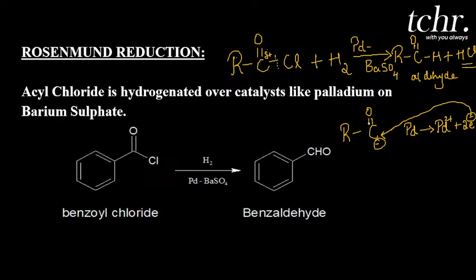When the two electrons from palladium are given to the carbonyl carbon, the carbonyl carbon gets a negative charge. So a hydrogen will be added towards the negative charge and you will get R C double bond O H. This is the way hydrogen is added to the carbonyl carbon. Is it clear? Now, let me take a simple example, that is acetyl chloride.